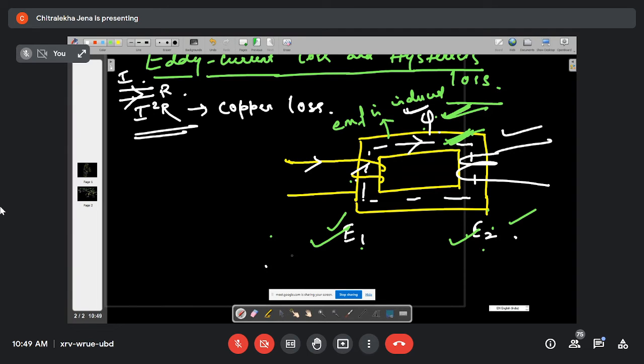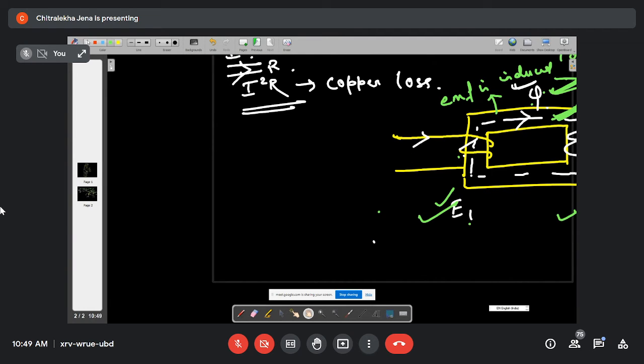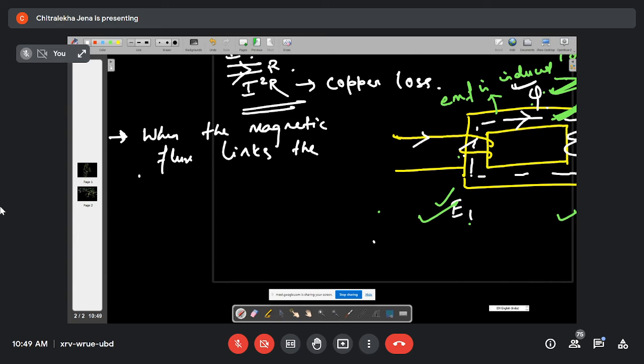Okay. When the changing magnetic flux links the core, here I am writing, when the magnetic flux links the core, then what happens? An EMF is induced in the core. Where will it be induced?